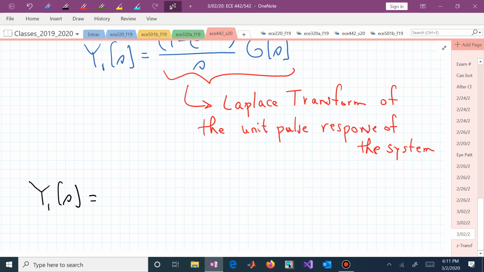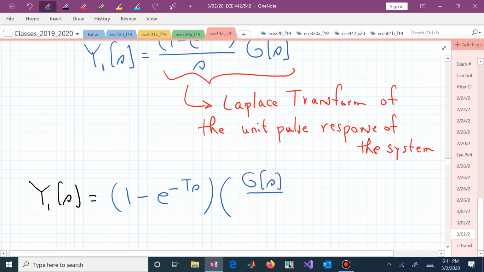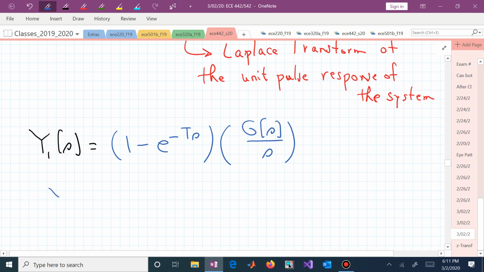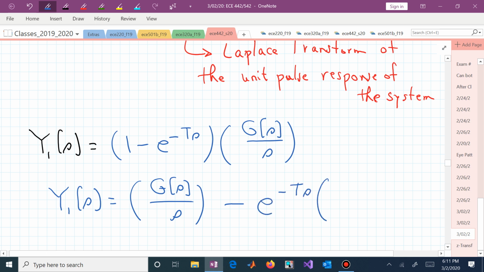So now we have y sub 1 of S. What is that? That's now 1 minus e to the minus ts times g of S over S. Haven't done anything except just rearrange the S. Or I could write y sub 1 of S as g of S over S minus e to the minus ts g of S over S. So you can kind of see that I might be needing to find something associated with g of S over S. And what is that really?